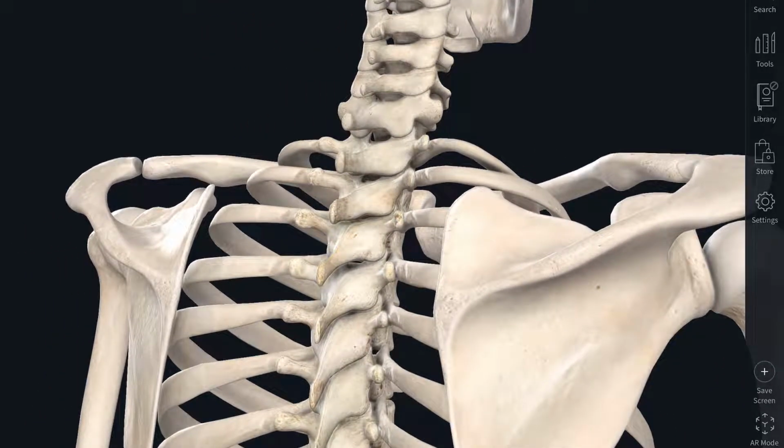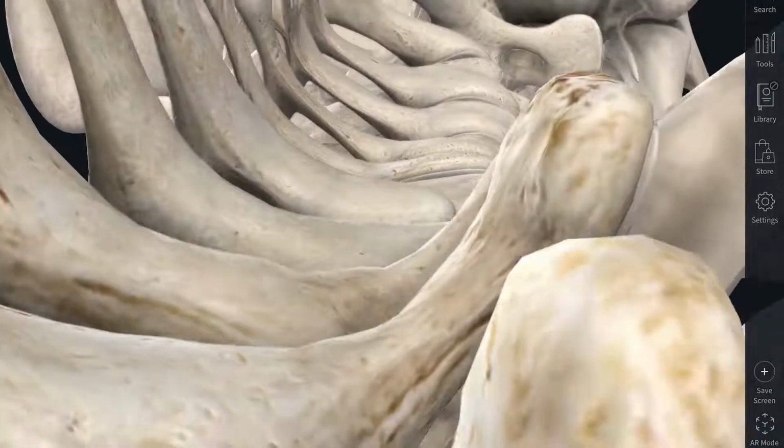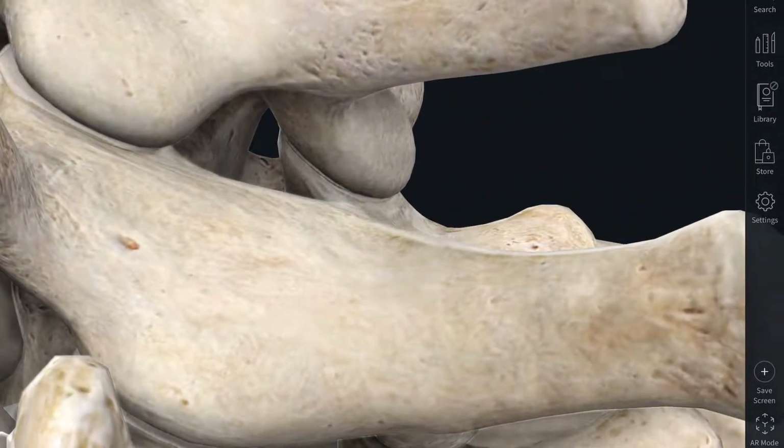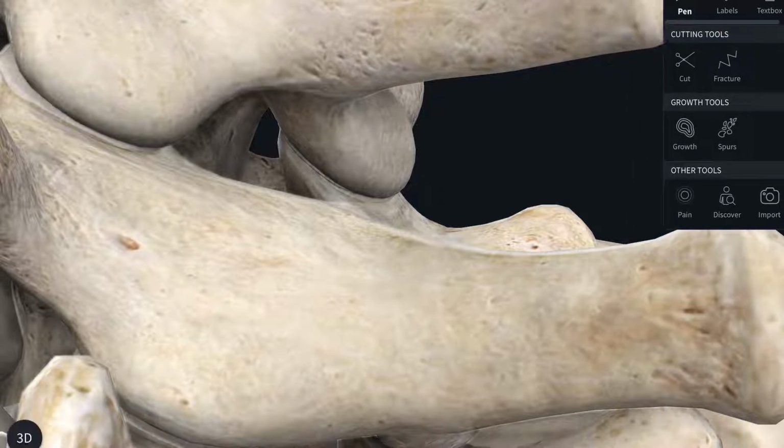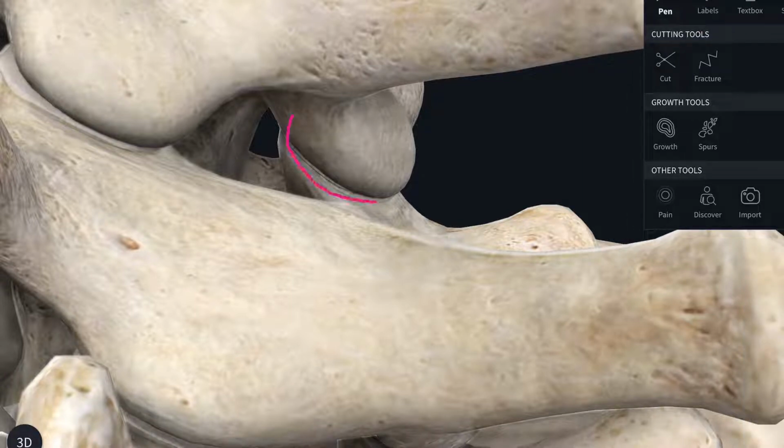I'll show you something in a video in a very short while about how these facets interact with each other. They rest upon each other like a stool, and when properly aligned, they provide strength and stability to the column. So we'll go closer. Oh, this is a good angle. So we're talking about the facets right here.